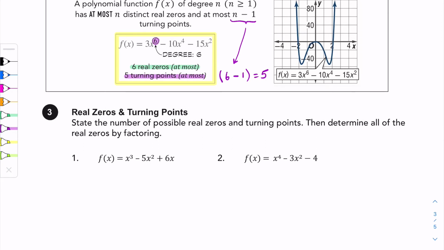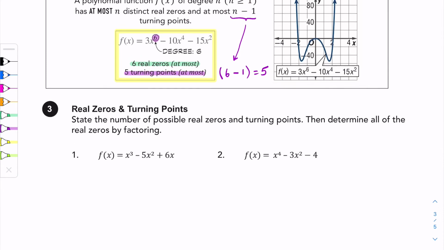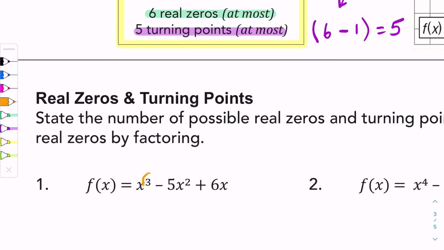Example set 3 is to state the number of possible real zeros and turning points, then determine all of the real zeros by factoring. So if I'm taking a look at the two topics above, so zeros and turning points, I know that I am going to determine those from the degree of the function. The degree of this function is 3.